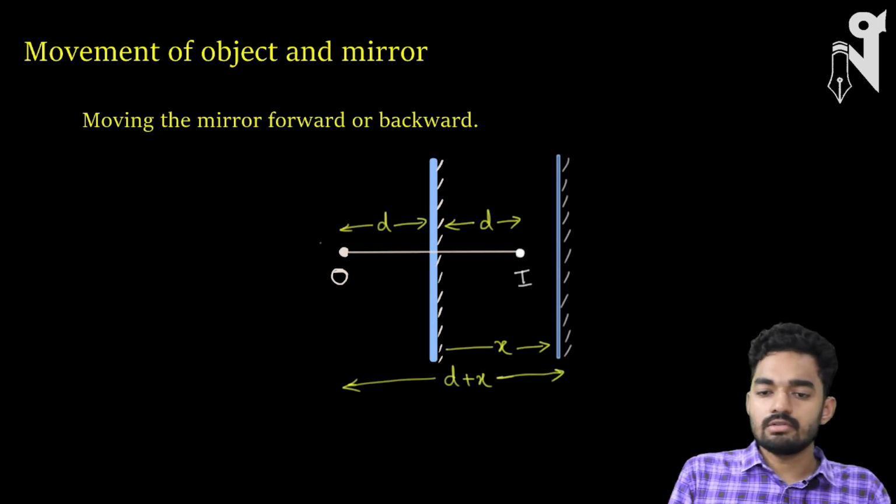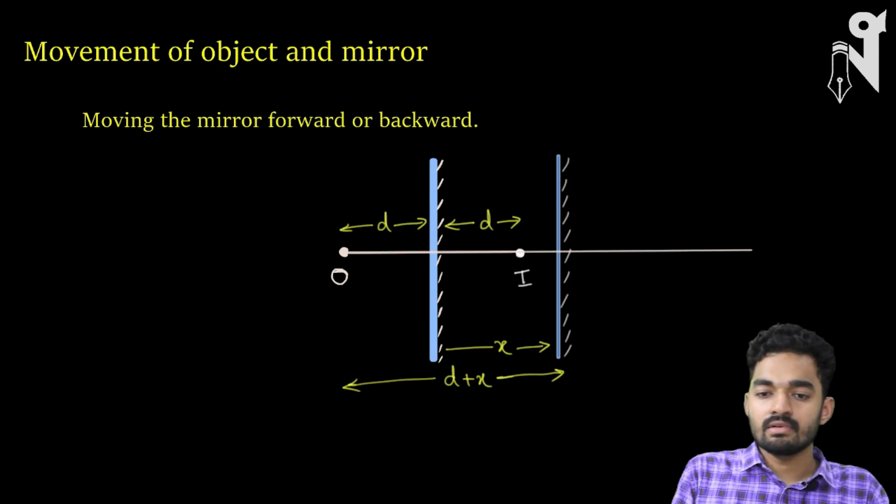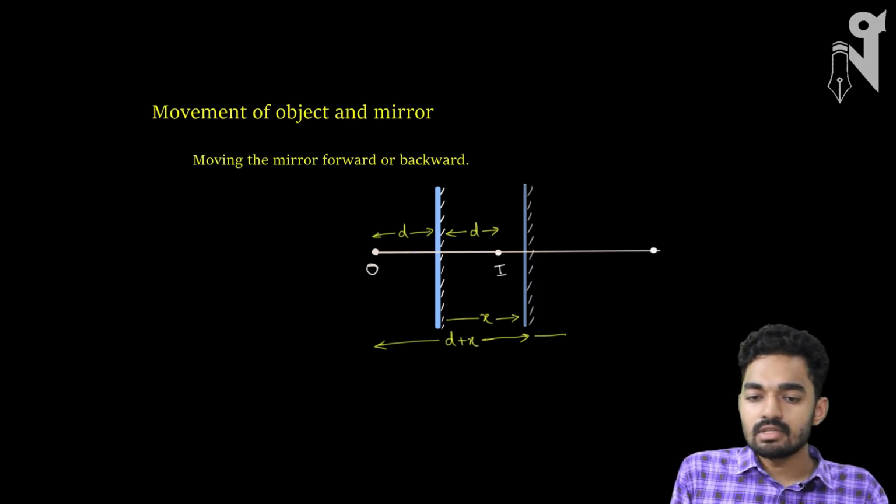So to locate the new image, again I'm going to draw a line which is perpendicular to the mirror, and the new image will be somewhere over here, such that the new object distance is equal to the new image distance. So this image distance should also be equal to d plus x.